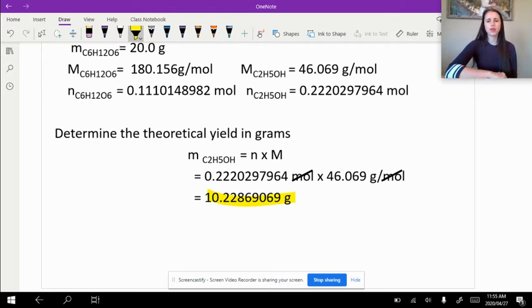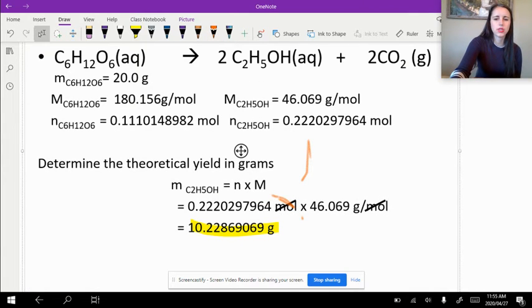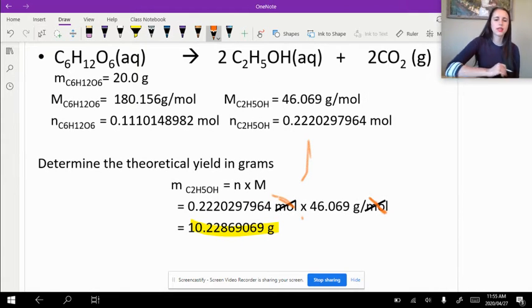Notice if I've done this correctly, I cancel out my moles. This mole here was canceled out, and I'm left with just 10.22869069 grams.